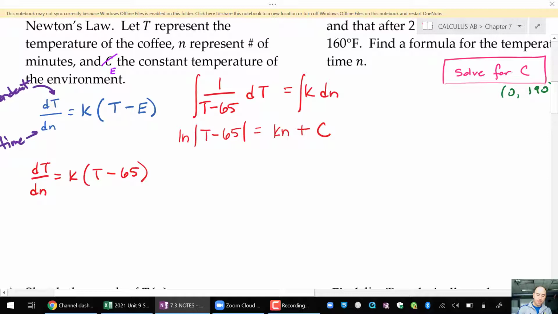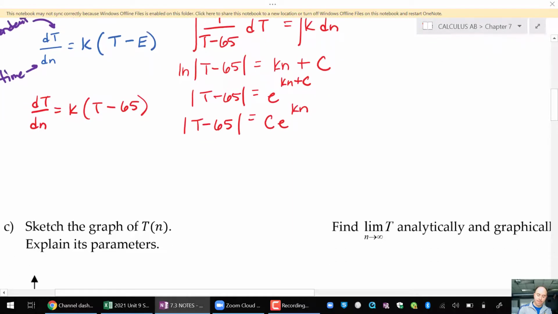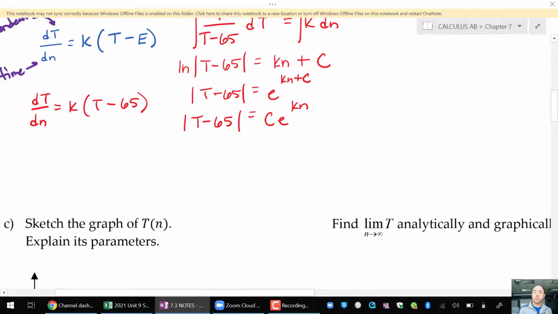If I exponentiate both sides, well, I'll have T minus 65 equals e to the power of kn plus c, or that's the same thing as saying c e to the power of kn. And if I use plus or minus on the c right there, I can get rid of the absolute value bars. I'm actually going to do two steps in one. I'll add the 65 over as well. T equals 65 plus or minus c e to the k times n. So there would be a general solution to that differential equation involving the coffee.